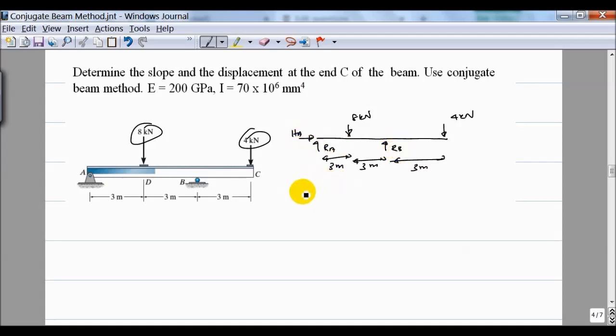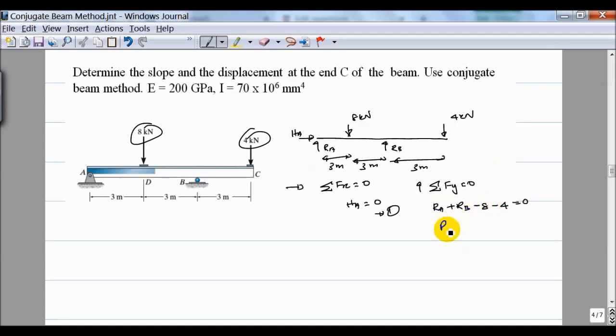If I take equilibrium in the horizontal direction, the sum of all the forces is equal to 0. That brings me HA equal to 0. Then if I take the equilibrium of all the vertical forces, ΣFy is 0, which gives RA plus RB minus 8 minus 4 is equal to 0.